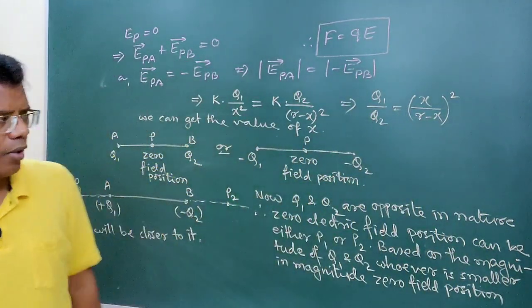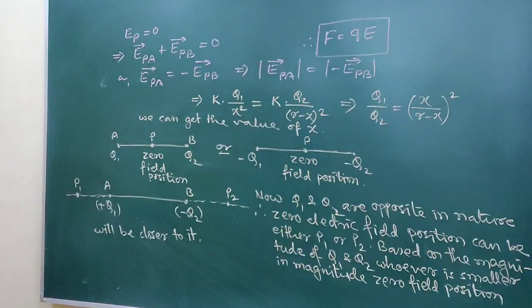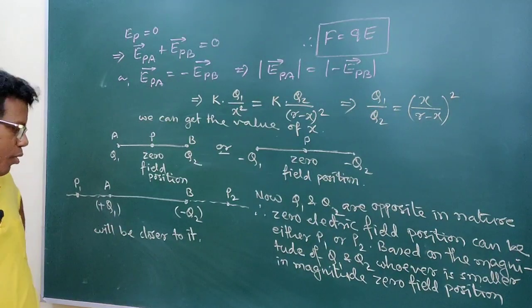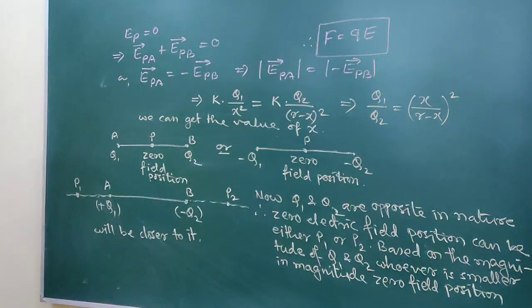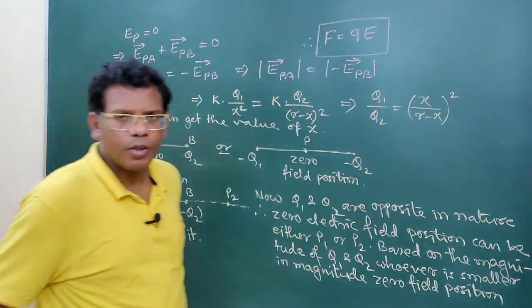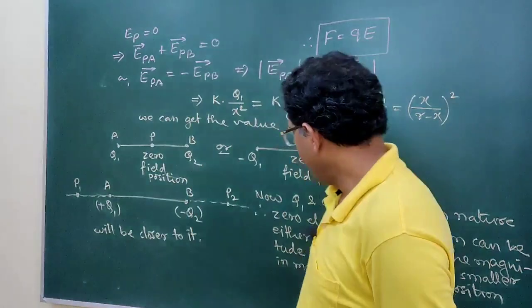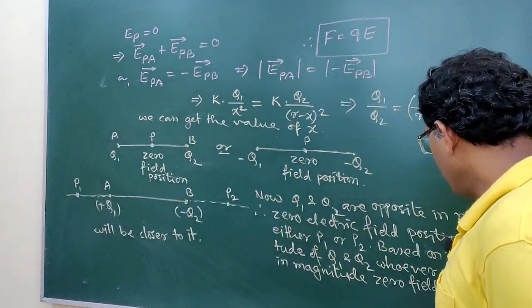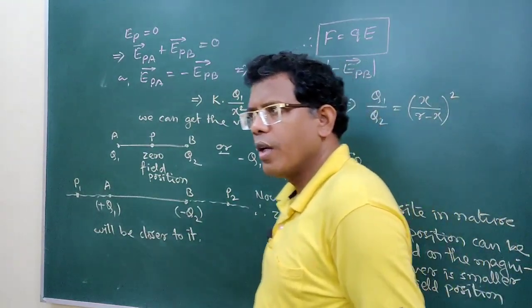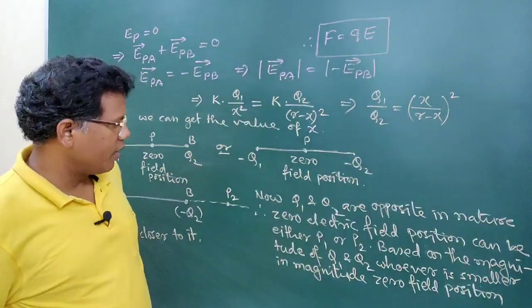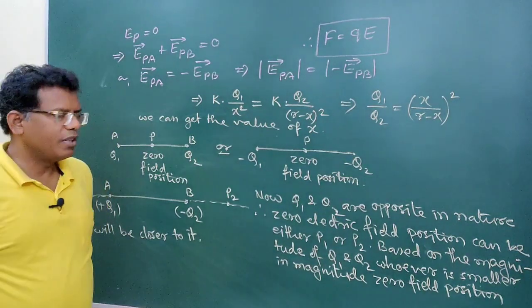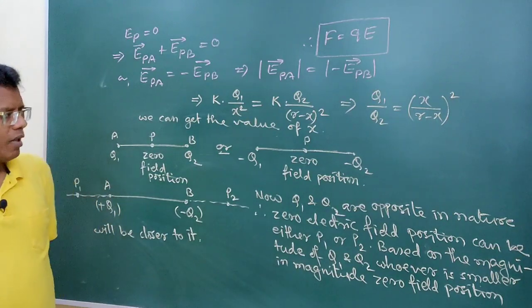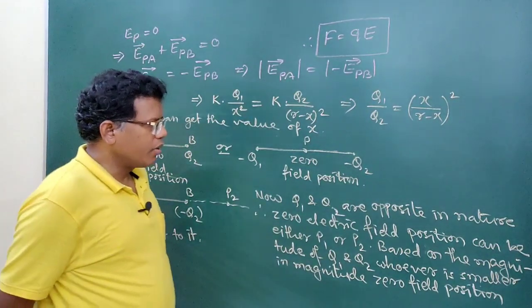If the magnitude of Q1 is less than the numerical value of Q2, then P1 will be the possible answer for the zero electric field position. Otherwise, if the negative charge Q2 is smaller in magnitude, in that case P2 will be the zero electric field position. So we must be clear about this concept.